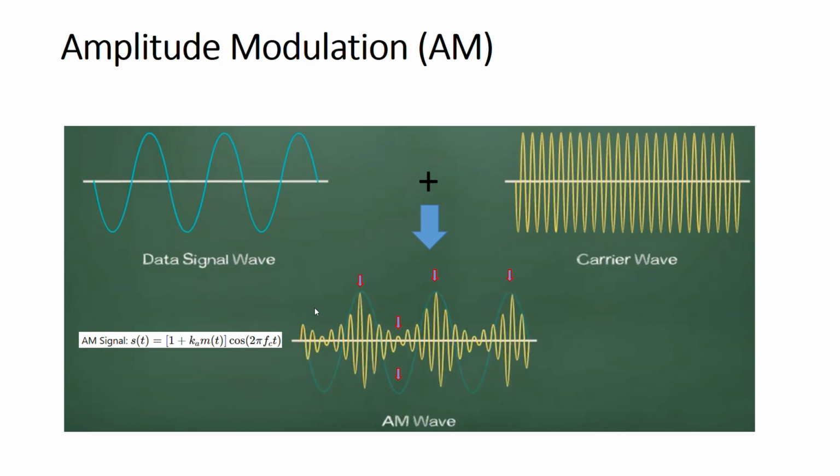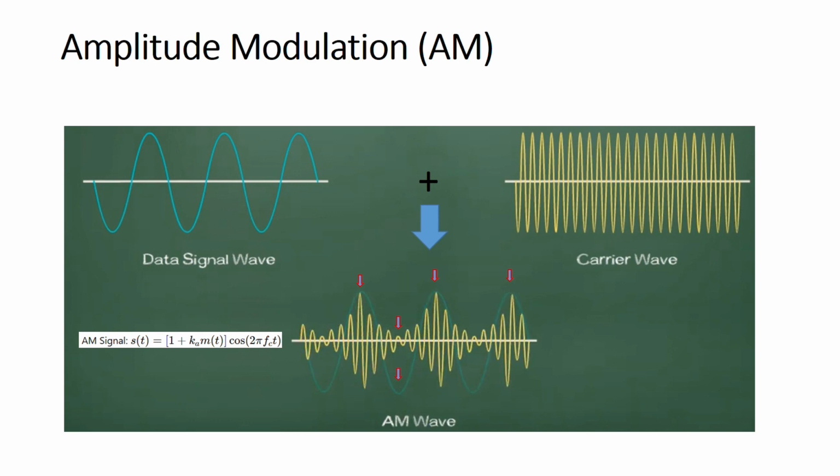So with the data signal wave plus the carrier wave, we can get the AM wave. In AM, the amplitude of the carrier wave will change corresponding to the data signal wave.